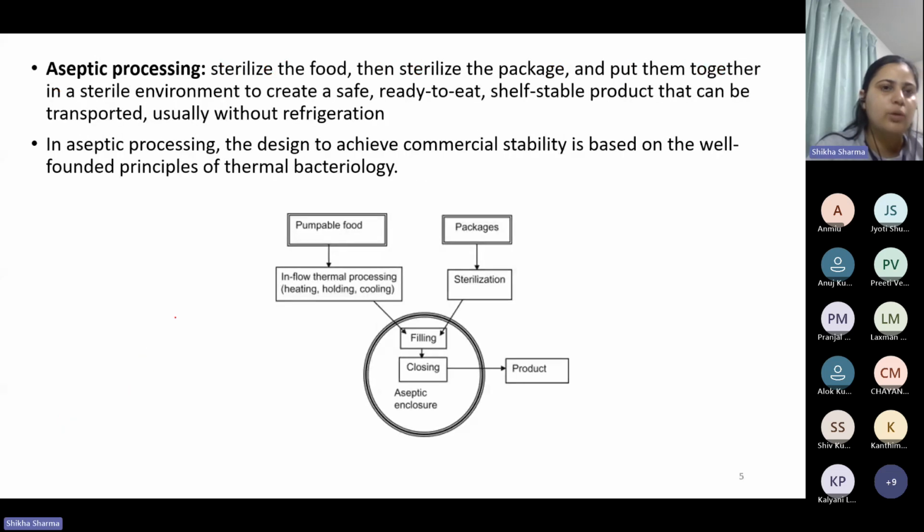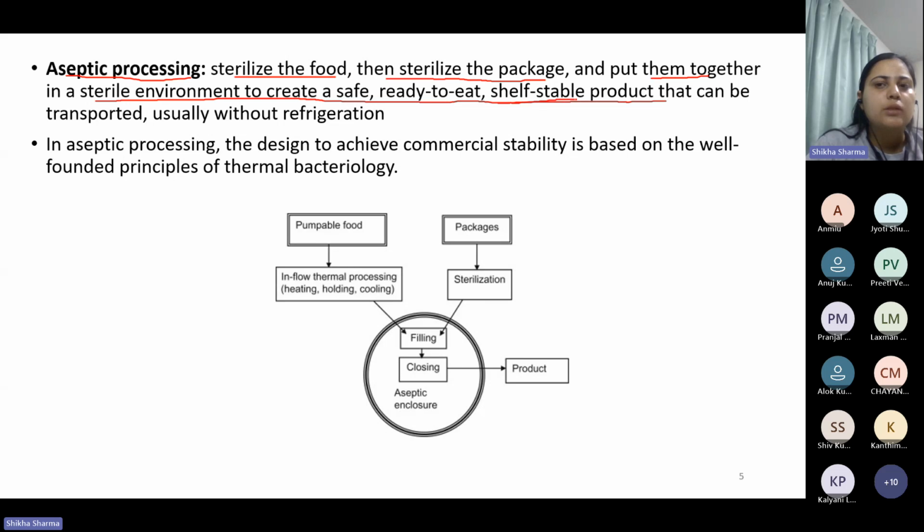Let's understand why. First, let's understand what aseptic processing is. In aseptic processing, there is sterilization of the food and also sterilization of the package, and then the sterilized product is put in the sterilized packaging material in a sterilized environment to create a safe, ready to eat, shelf stable product.